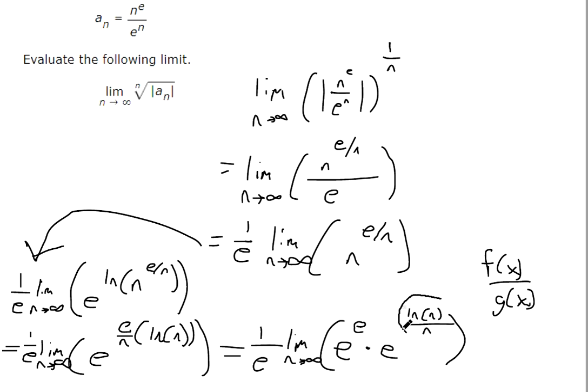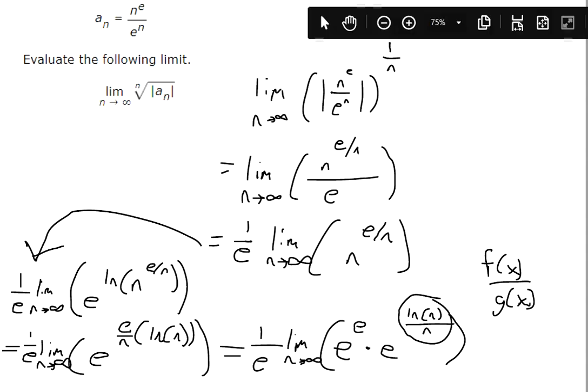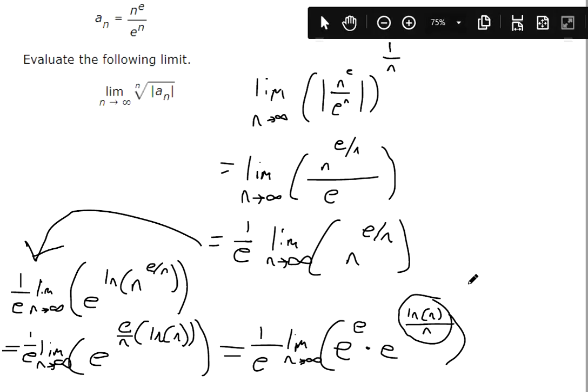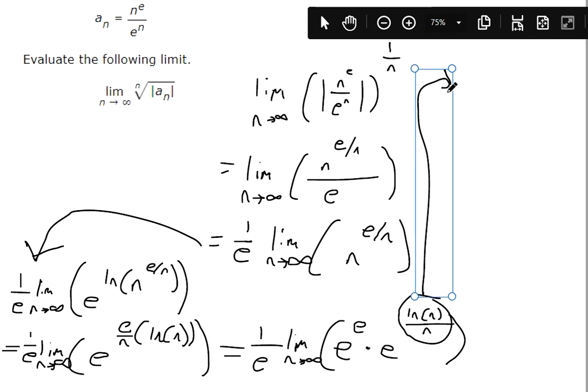So this is something we could apply L'Hopital's rule with because this doesn't involve n, so we can just evaluate the limit as n goes to infinity. That's one of our early logarithm properties in calculus. So when we're evaluating that limit as n goes to infinity of the fraction that's in the exponent, then we can apply L'Hopital's rule, evaluate the derivative of the numerator and the denominator. Let's factor out.